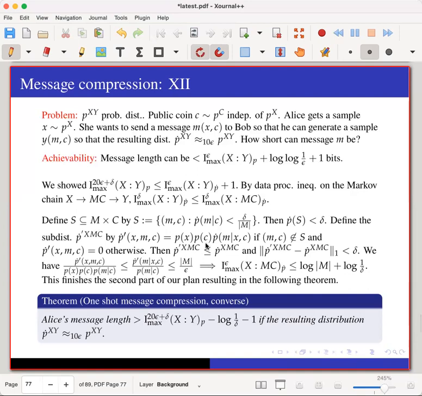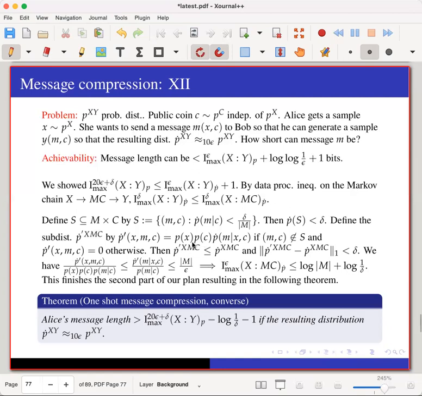Yes, of course, all the masses in S are zeroed out. But when M comma C is not in S, I'm not saying that this is the same as P dot. Note that this is PC out here. It is not P dot C. So one has to be careful.